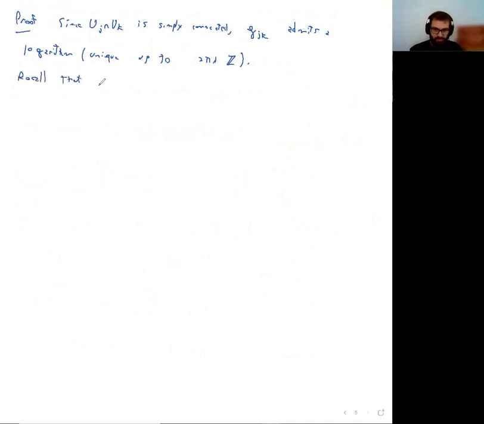So recall that L corresponds to g_jk inverse in here.